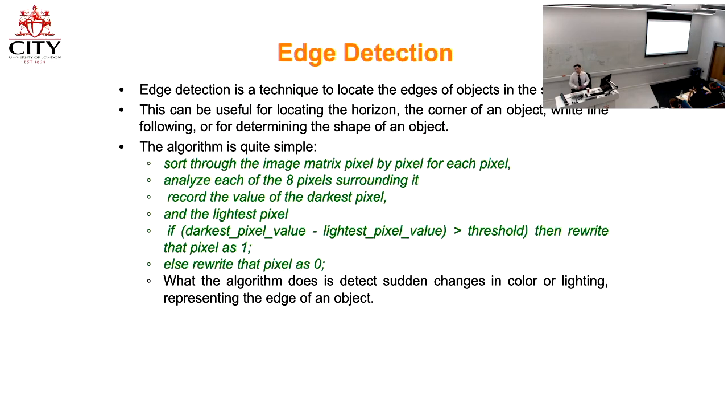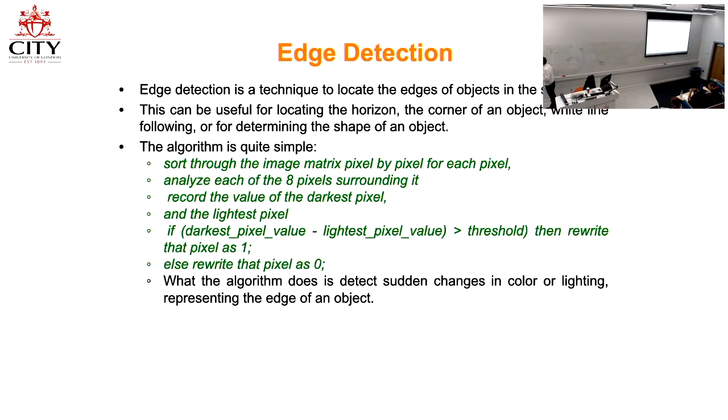So, edge detection. Now we are a bit more familiar with blurring and sharpening images. Now we want to see how we can detect edges and corners from images. The idea of an edge is very simple. Go through the image matrix pixel by pixel, and for each pixel, analyze each of the 8 pixels surrounding it. So I have a 3 by 3 area here.